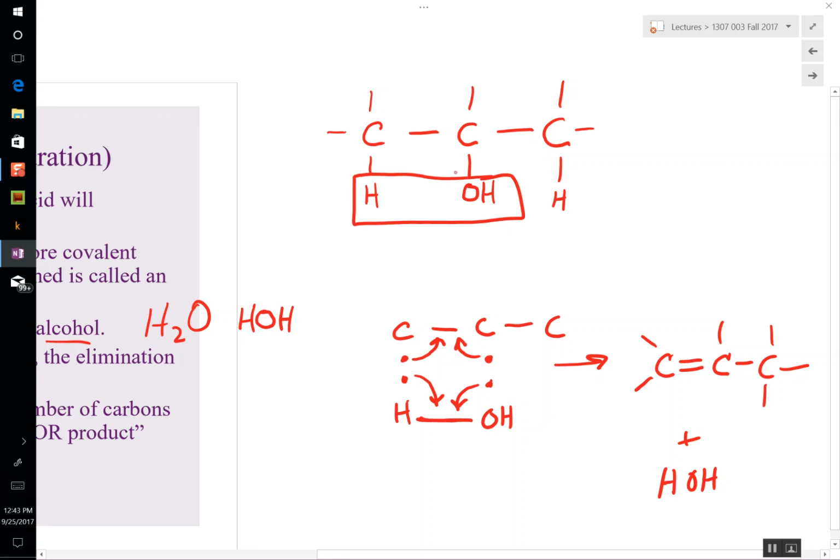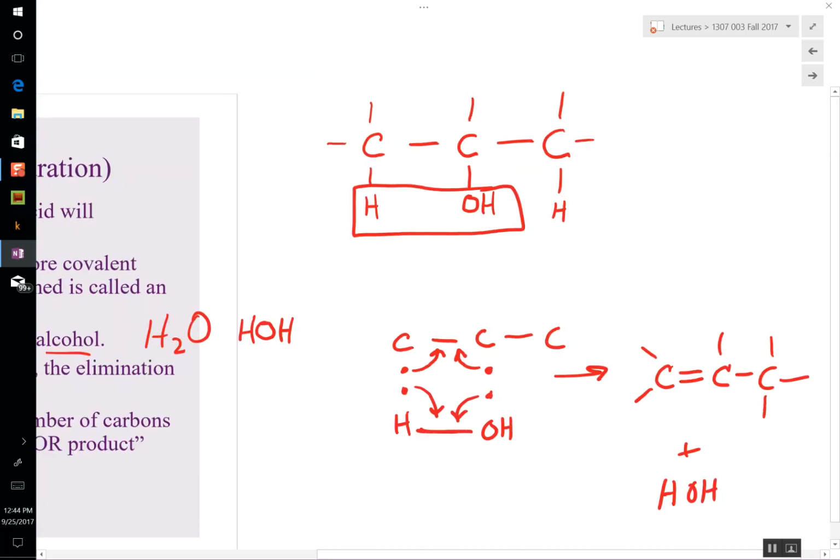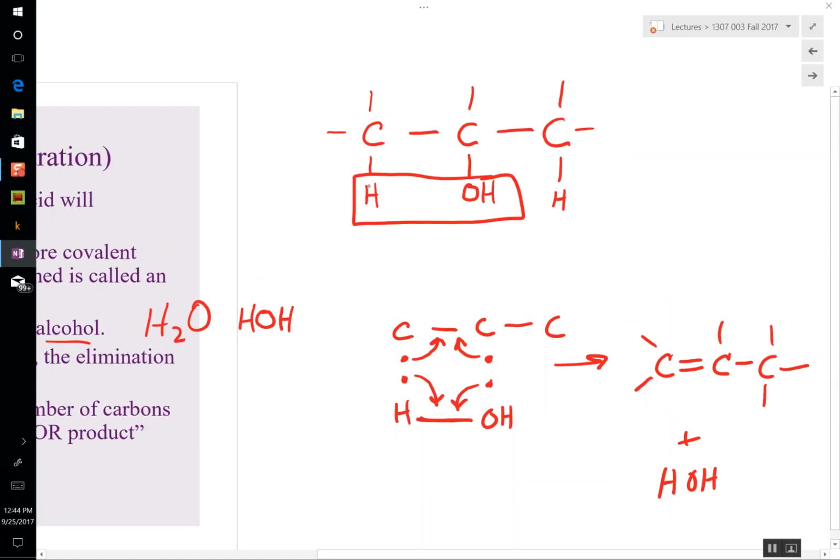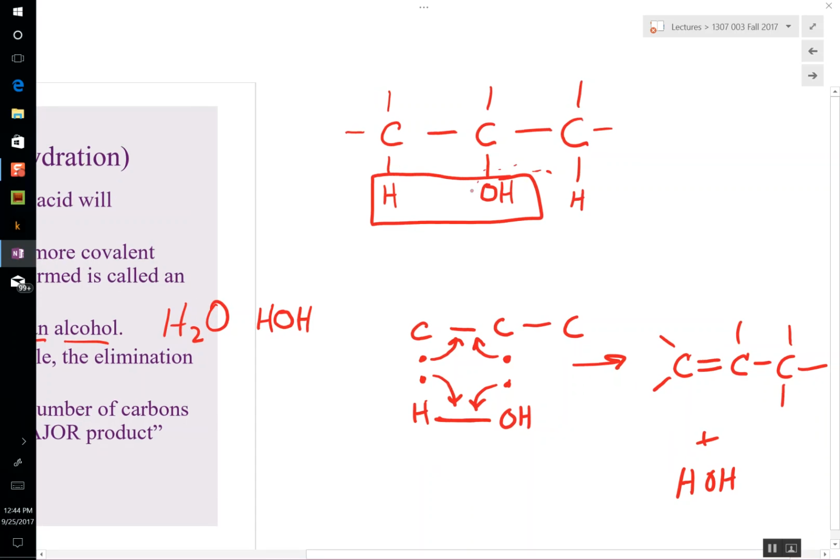What I wanted you to see here is you could either remove this hydrogen that I have pictured with that OH and get a double bond there, or imagine, I'll just put dotted lines around this, you could have removed that one, and you would have gotten this.